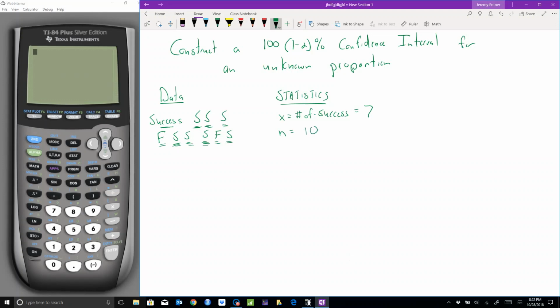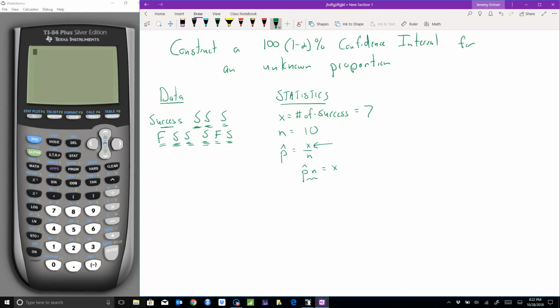Right? Or you might be given a p hat, which remember is just an x over n, and you might be asked to figure out what the x is based upon these summary statistics, which is just a matter of multiplying and then possibly rounding that to the nearest appropriate whole number. Sometimes it doesn't come out to be a nice thing there.